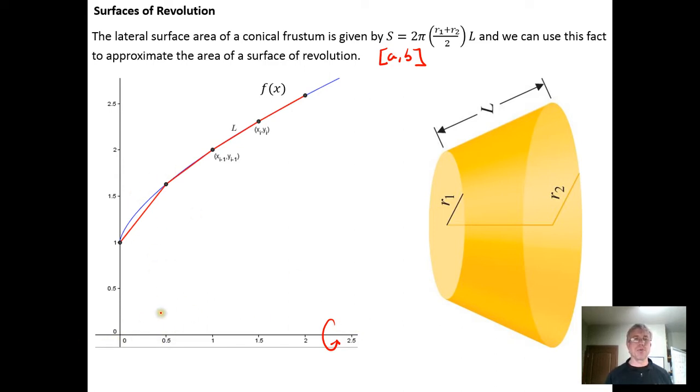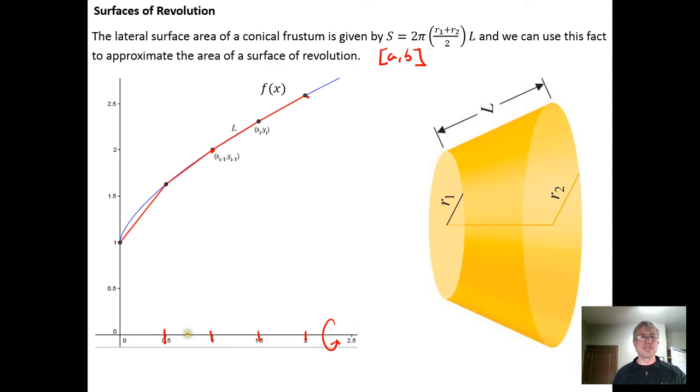So in this example, I've cut the interval from 0 to 2 into 4 distinct chunks. And each boundary where I've made a cut corresponds to a point on the curve. In this case I did 4 chunks, but you don't have to do 4 chunks, you do n chunks. I'm going to cut the interval from A to B into n chunks. And n can be any number that we want, and we can let n go to infinity.